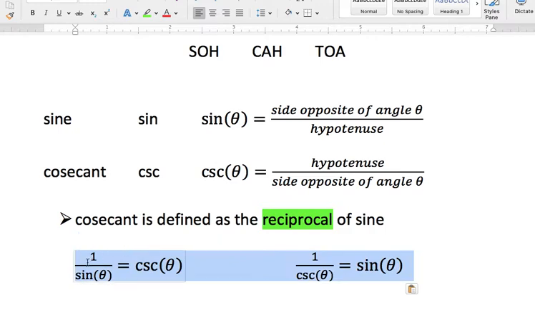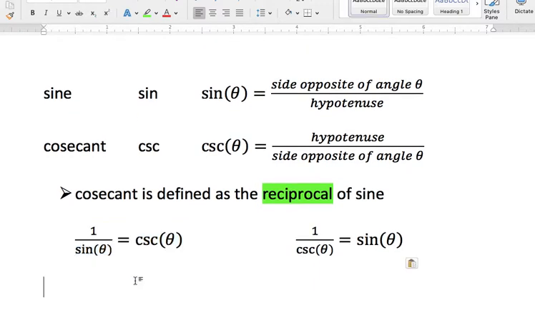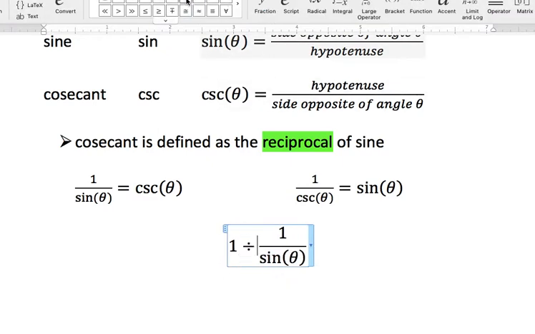I'm going to quickly prove one of these. Let's prove this one here on the left. If you had 1 divided by sine, let's take that for a second.